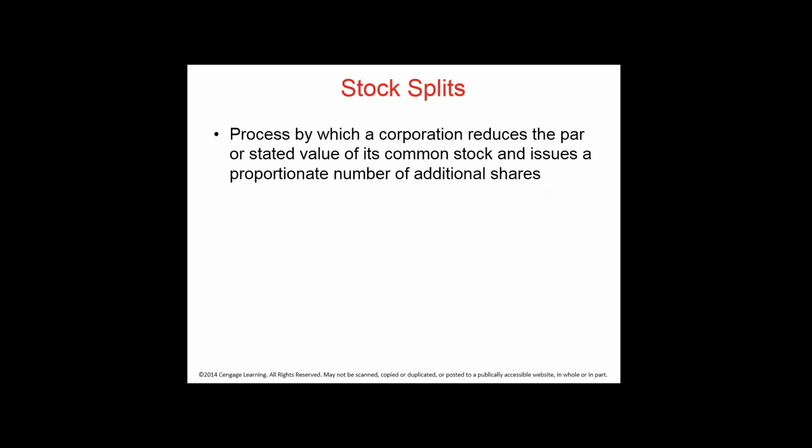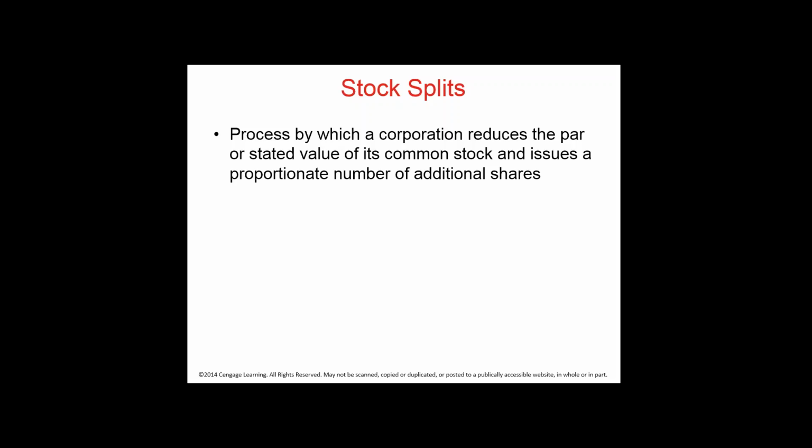What's a stock split? Well, that one share of stock that you owned now becomes 2 shares of stock. That's a split. But that one share of stock that you owned at $1 par value now becomes 2 shares of stock at 50 cents par value per share.